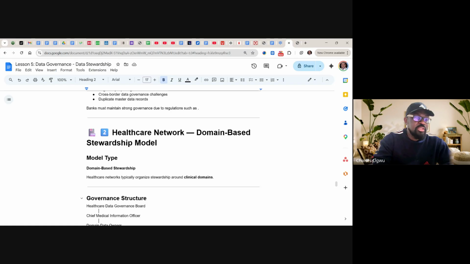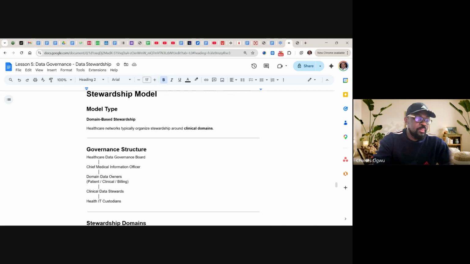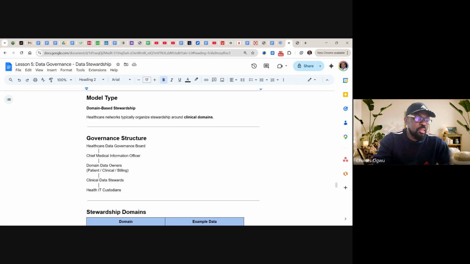This healthcare network typically organizes stewardship around clinical domains, and the governance structure goes from the healthcare data governance board to the chief medical information officer, to domain data owners for patient, clinical and billing, and clinical data steward, and then to the health IT custodian.